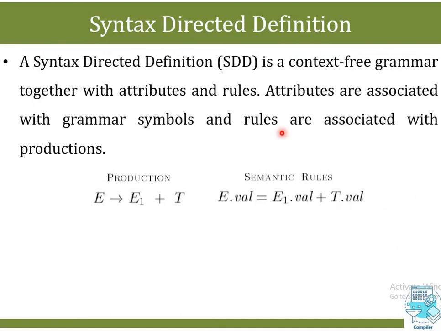One important point is that here E and E1 are the same. Just to differentiate the E on the left side of the production from the E on the right side, we have added a 1 to the E. So both E and E1 are the same. So E dot val equal to E1 dot val plus T dot val is a rule associated with this production.